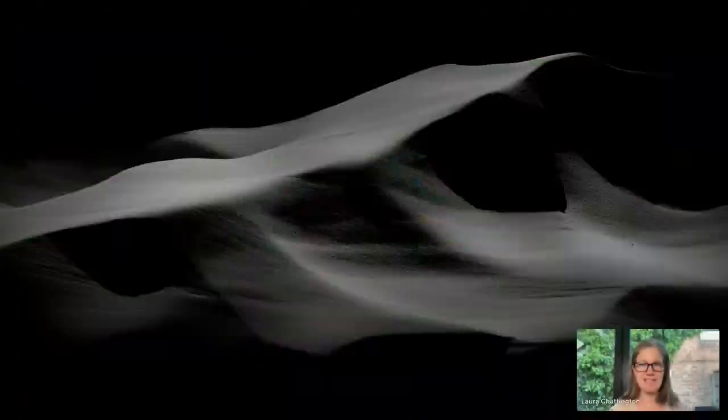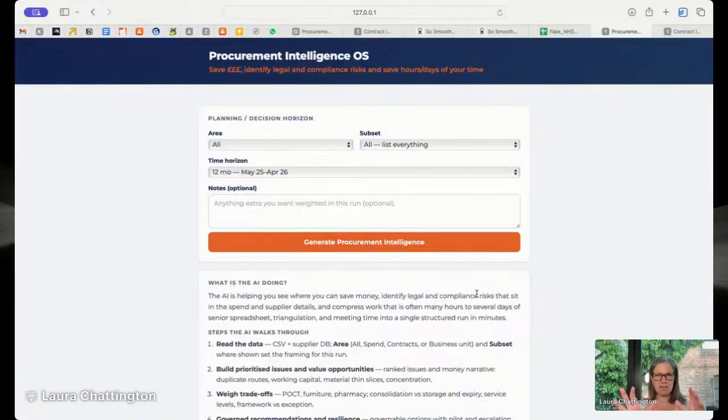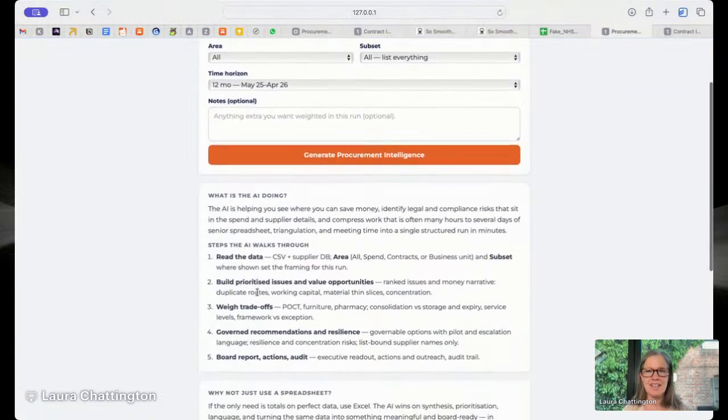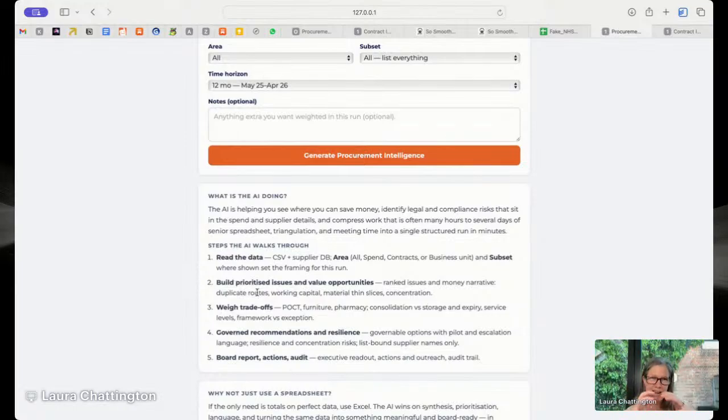You'll be able to see it's a simple demo showing procurement intelligence. I'm going to do the search over all areas and across the 12 months. The AI is looking at where you can save money, identify legal or compliance risks, and spend in supplier detail so that you can compress hours or weeks or months of time into several days.